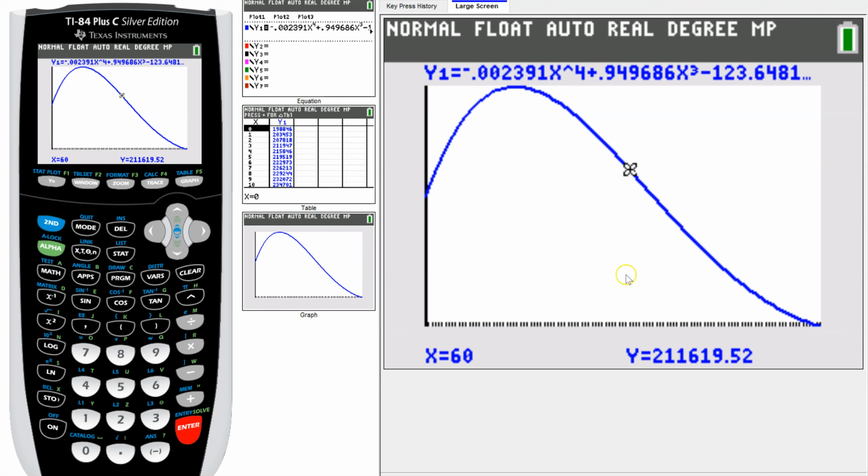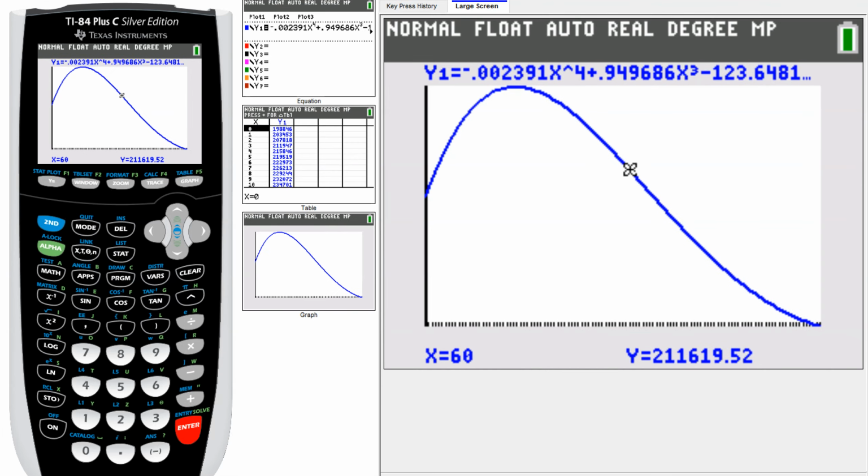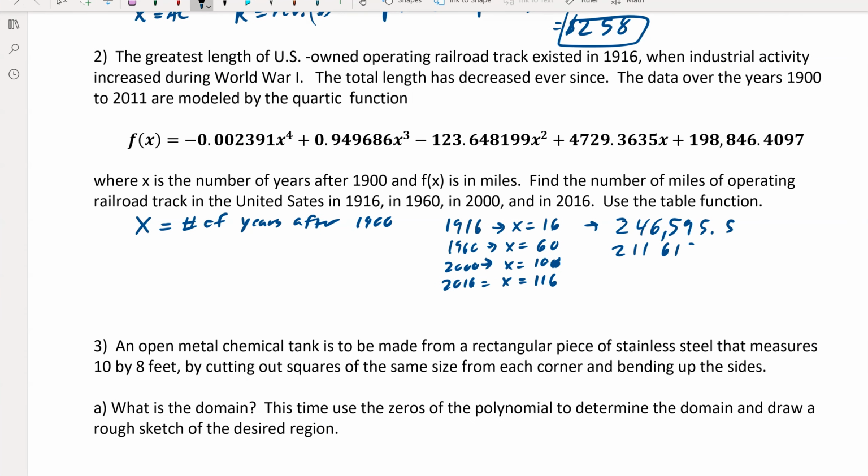It's now 211, and you can see that the number of railroad tracks are going down, that it increased, and then now it's going down. So 211,619.52. And then we're just going to do this again for 100.